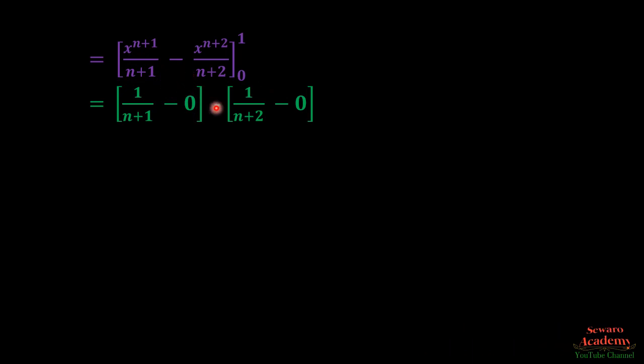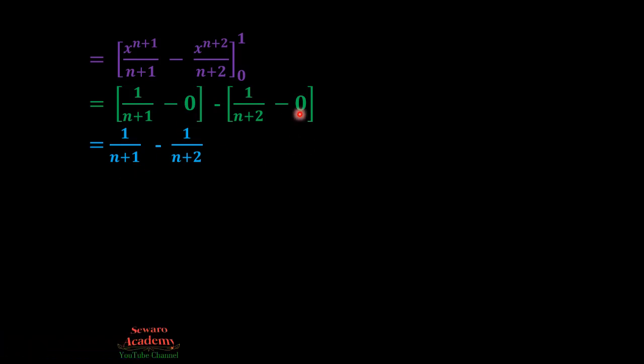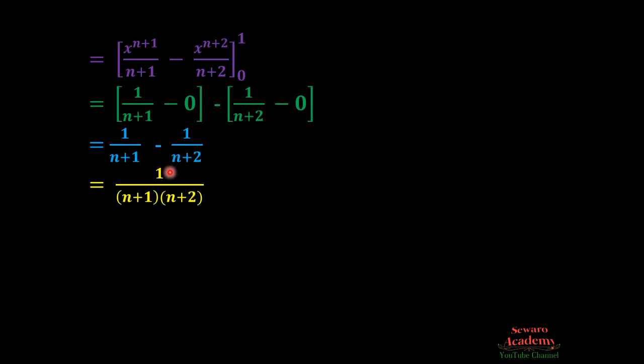Then this minus sign. In the second term also we put the upper limit and lower limit, and we get similarly 1 by n plus 2 minus 0. Then removing this 0, and after simplifying we get 1 upon n plus 1 into n plus 2. So this is our answer for question number 7. Using the property of definite integrals, it's very easy for us to integrate the function.